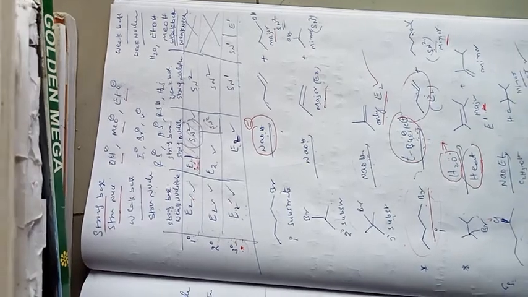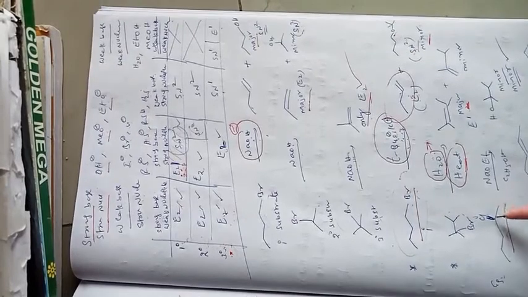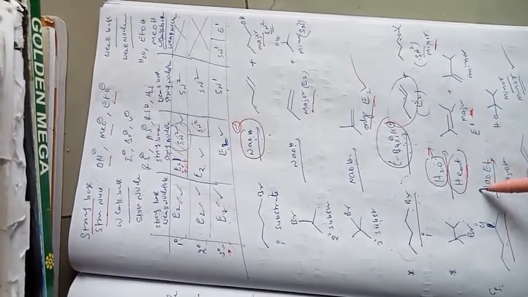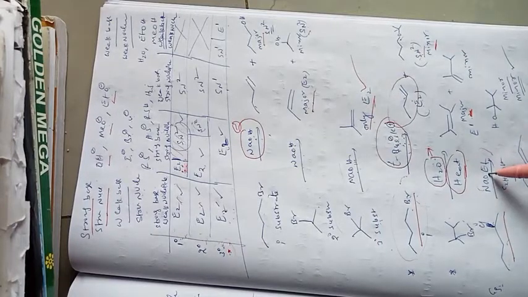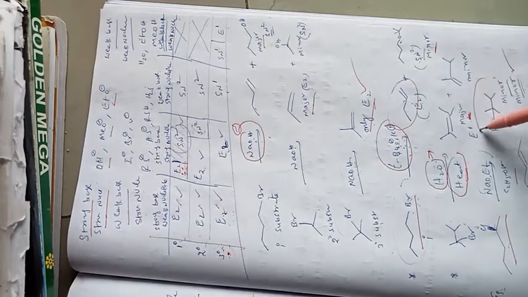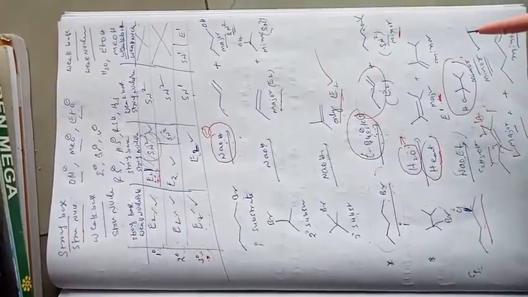Another example: if the alkyl halide is secondary, with sodium ethoxide in the presence of ethyl alcohol as a medium, sodium ethoxide is a strong nucleophile as well as a strong base. The substituted product is the minor product, and the eliminated product, 2-pentene, is the major product, and the trans product is the major. This is important, students must remember.